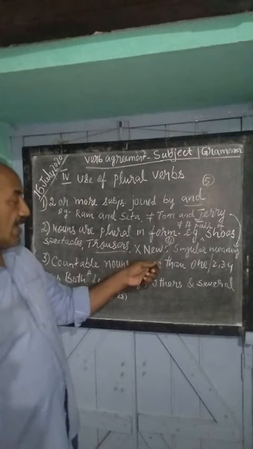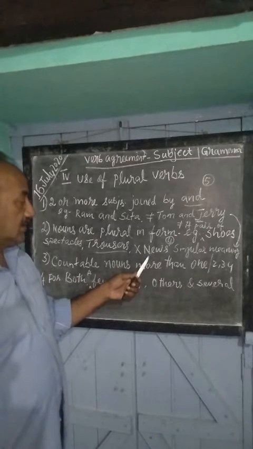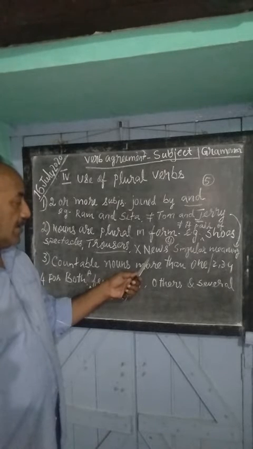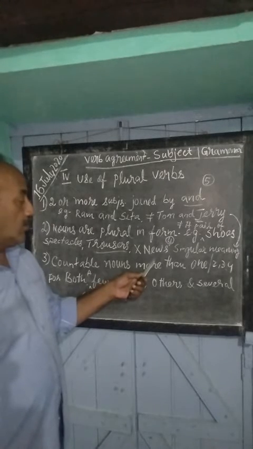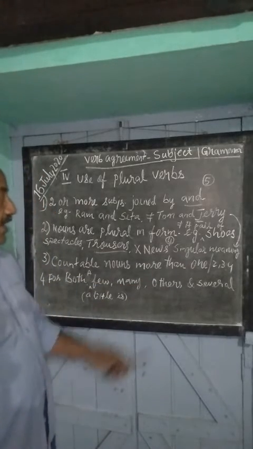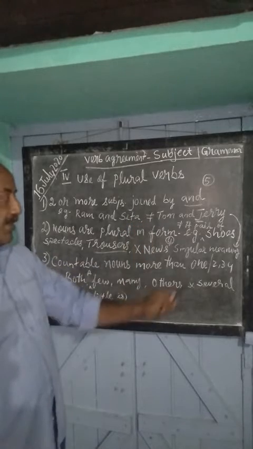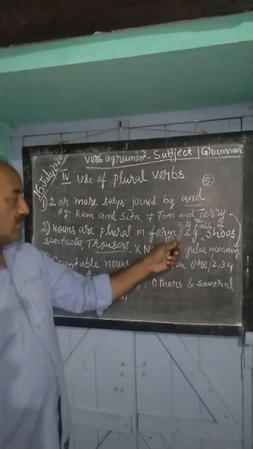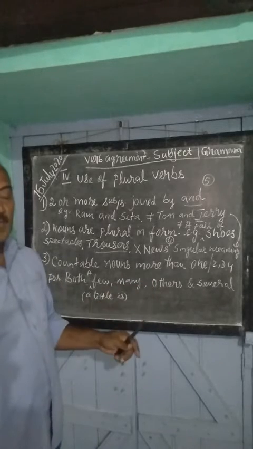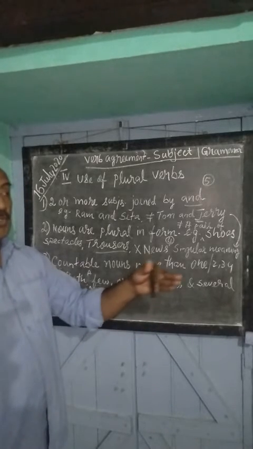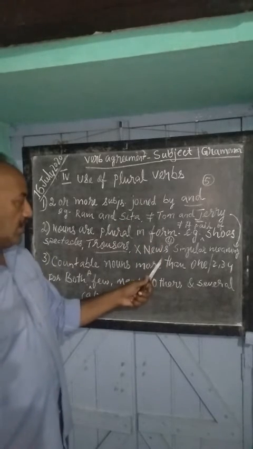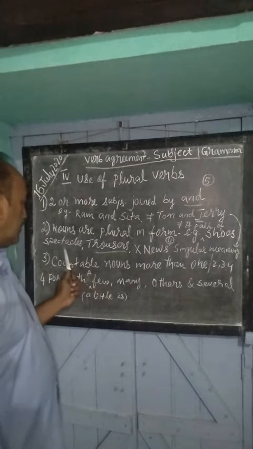In the fourth one, you have another better example. I didn't have the book with me, so I didn't give this example. The noun news is singular in meaning, like Tom and Jerry, singular in meaning. Though there are two nouns, it is singular in meaning. Here also news. When you listen to the news, watch the news, always this is used in plural form, like shoes, trousers, spectacles.